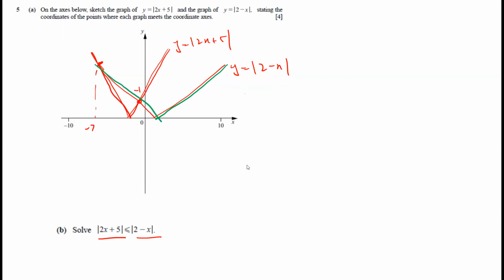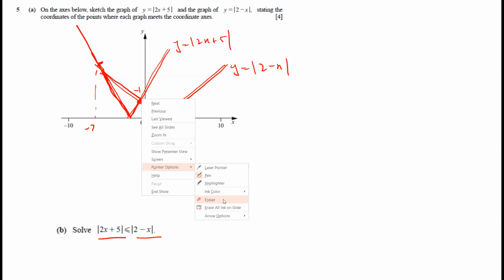When is the red line less? When is this red line less than the green line? The red line is less between minus 7 and minus 1. Beyond these points, the red line is more than the green line.